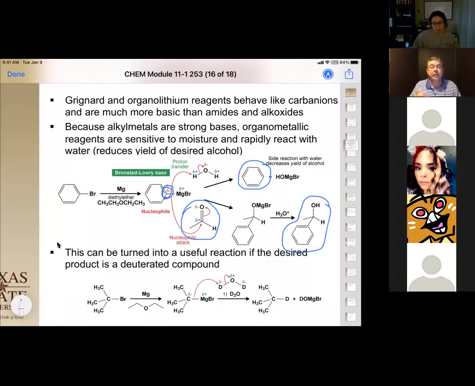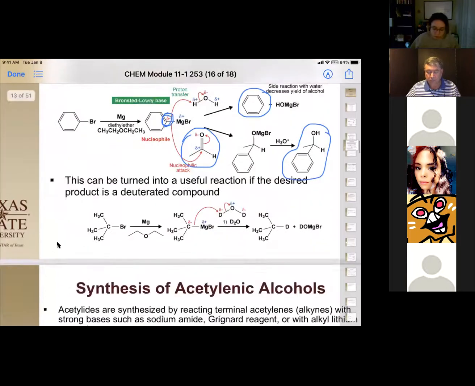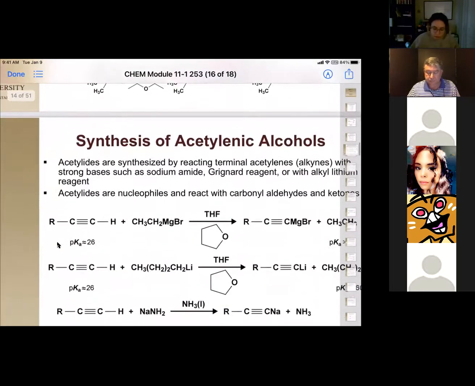So you can take an NMR of your material before and then deuterate the material and take it again, and you'll know exactly which part of the molecule reacted by seeing whether that deuterium is missing from the system or has been taken off and replaced by a hydrogen. So it could be very useful for that. But that would be the only reason you would want to quench a Grignard with water, or in this case, heavy water.